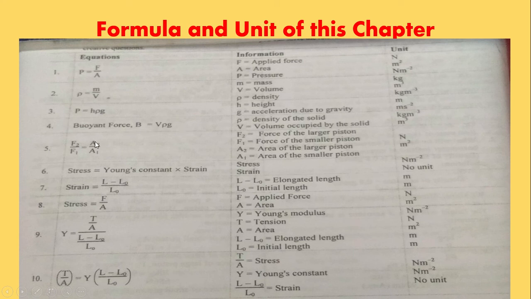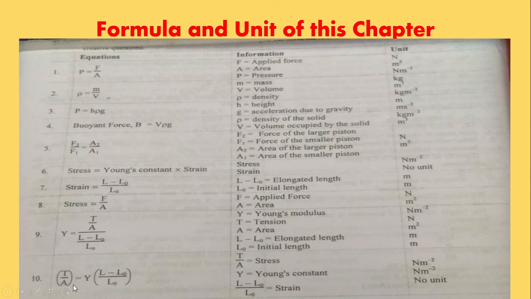From Pascal's law, we learned this formula: F2 by F1 equals A2 by A1. From elasticity, we learned stress equals Young's constant into strain, where strain equals (L minus L naught) by L naught, and stress equals F by A. Young's modulus Y equals (T by A) divided by (L minus L naught) by L naught.